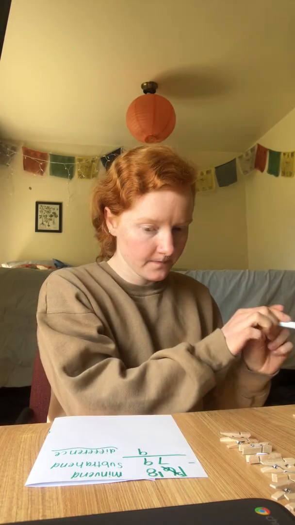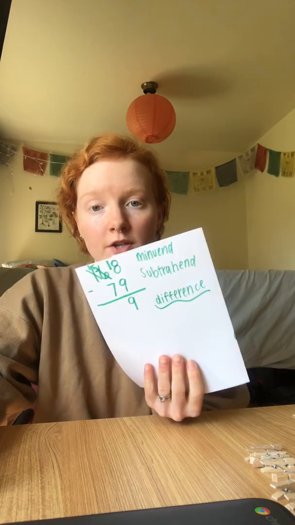Or show me? Yep, sure. So you're going to cross out the 0, and you're going to give it to the 5. That's right. So now we have a 15 on top because we had the 5 before when we borrowed a group of 10.